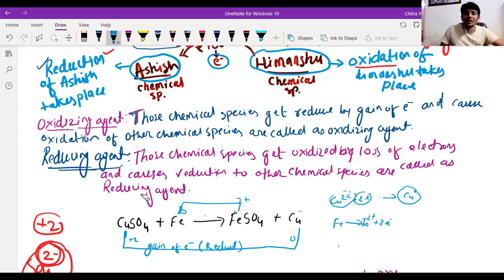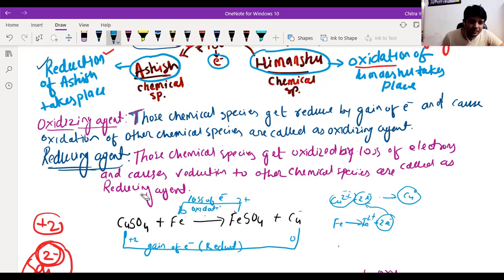See, the electrons lost by ferrous were gained by copper here. Is it? So see here, ferrous is losing electron. That means we have to write here loss of electron takes place. Hence, it is an oxidation reaction.